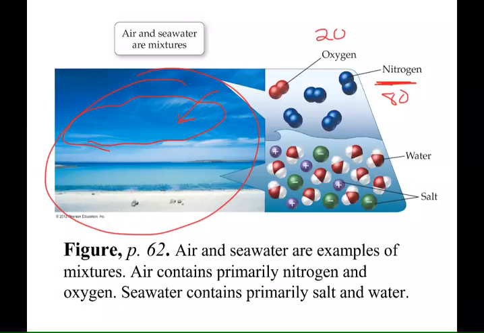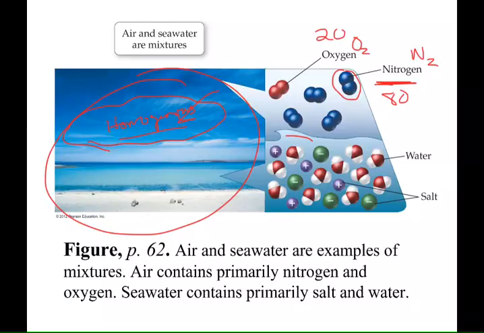Notice that what your author's done is to show the nitrogen as being diatomic and the oxygen as being diatomic. So that's why it looks like that. In general, I would say that we have a homogeneous mixture, or depending upon where you're at in the atmosphere, you might get into some sort of heterogeneous situation.